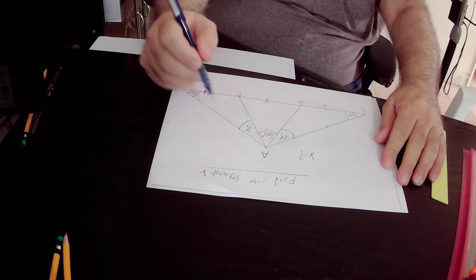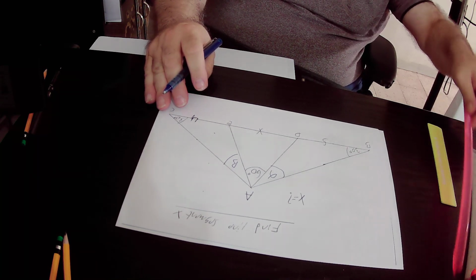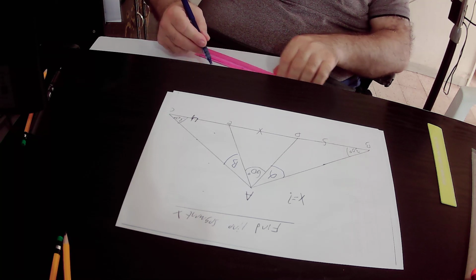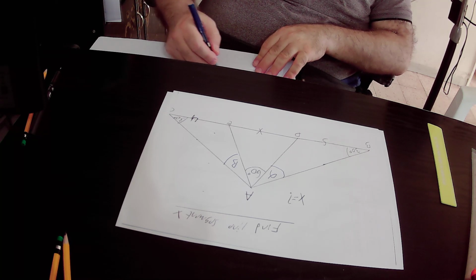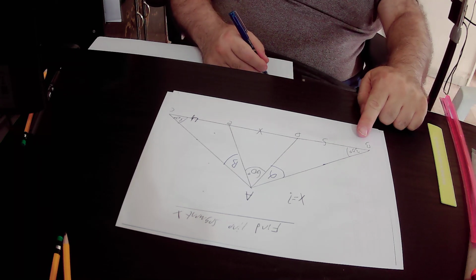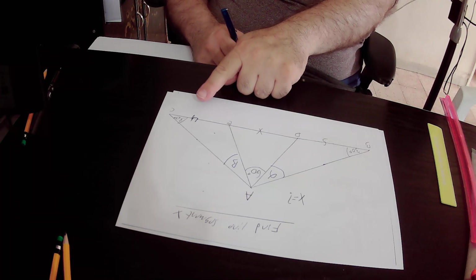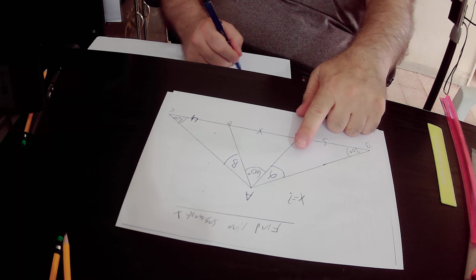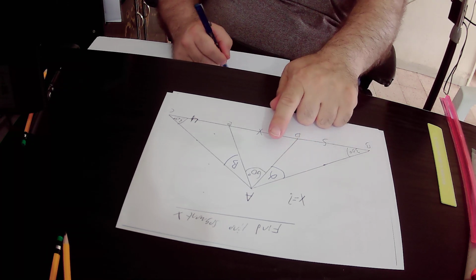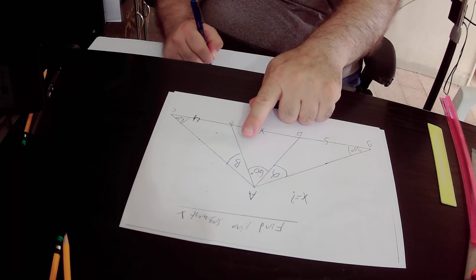We also know that the sum of the angles in any triangle is equal to 180 degrees, and especially the sum of the angles in triangle ABC must be equal to 180 degrees. So which angles do we have in triangle ABC? We have this angle equal to 30 degrees, plus this angle also 30 degrees, plus alpha, plus 60 degrees, plus beta according to our definition.